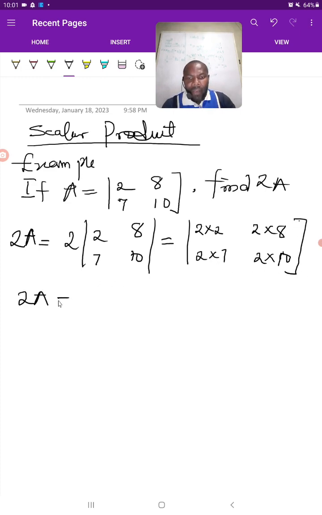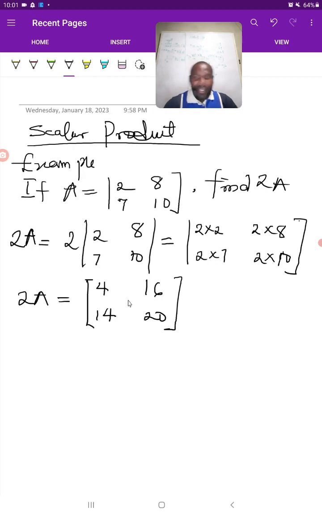So 2A will give you 4, 16, 14, 20. This is the meaning of scalar product. In case you have A, you now have 2A.